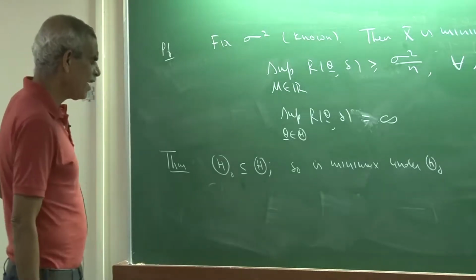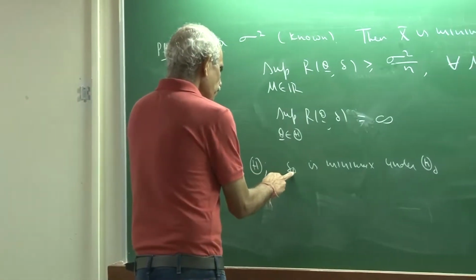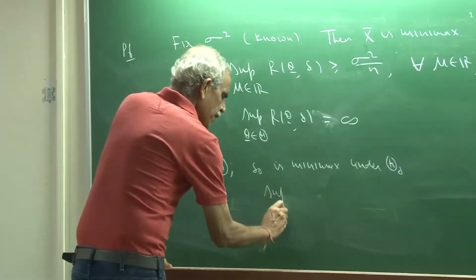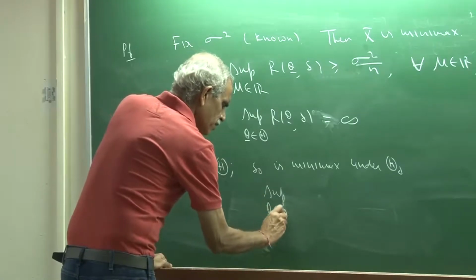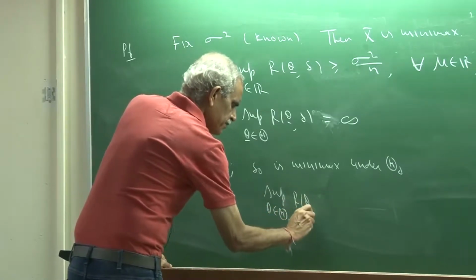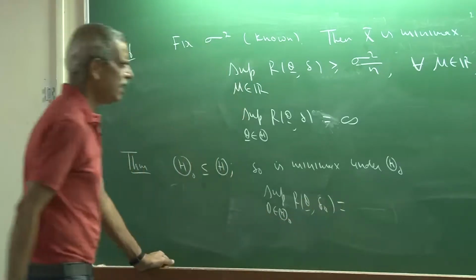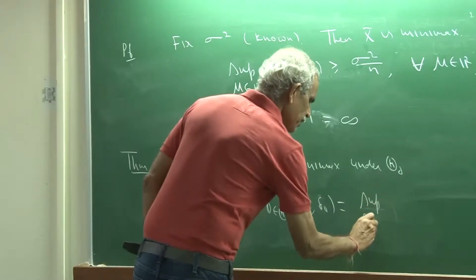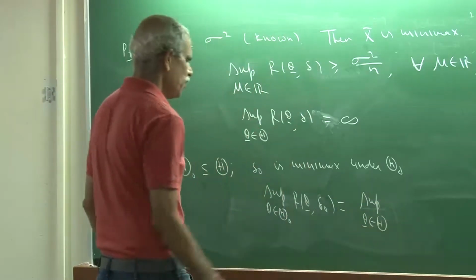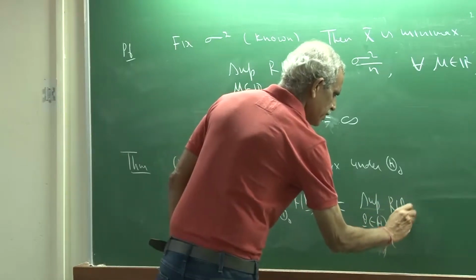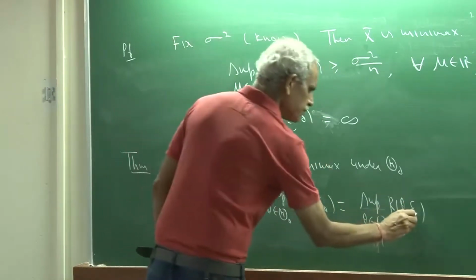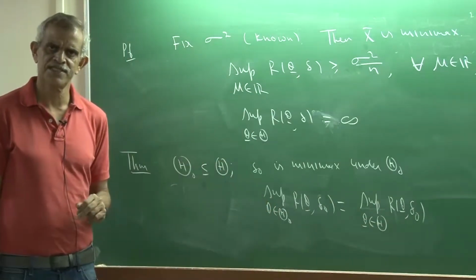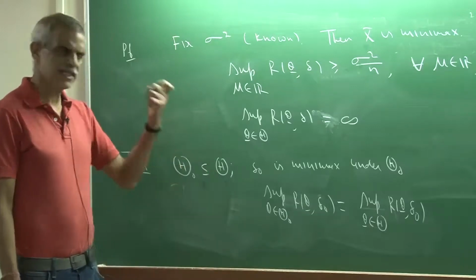We also have that the supremum risk of delta naught under theta naught and theta is the same. So supremum over theta belonging to theta naught of R(theta, delta naught) is the same as supremum over theta belonging to theta of R(theta, delta naught). So for example, this would always be the case if delta naught has a constant risk. Then whether you take supremum over theta naught or theta, it is the same.